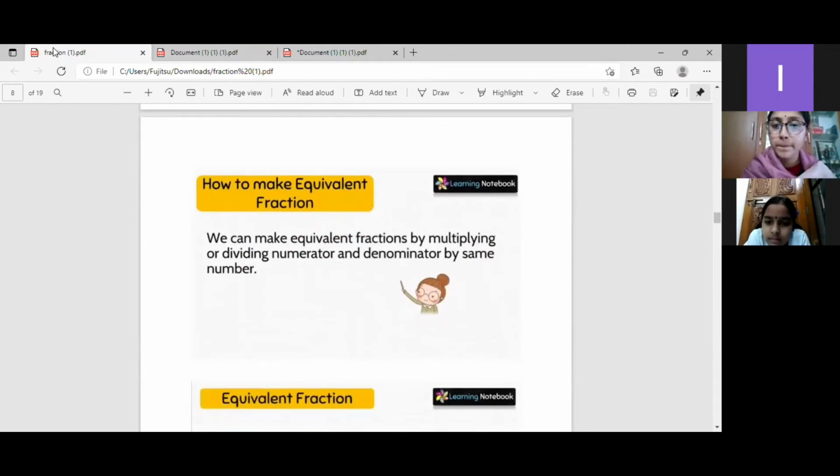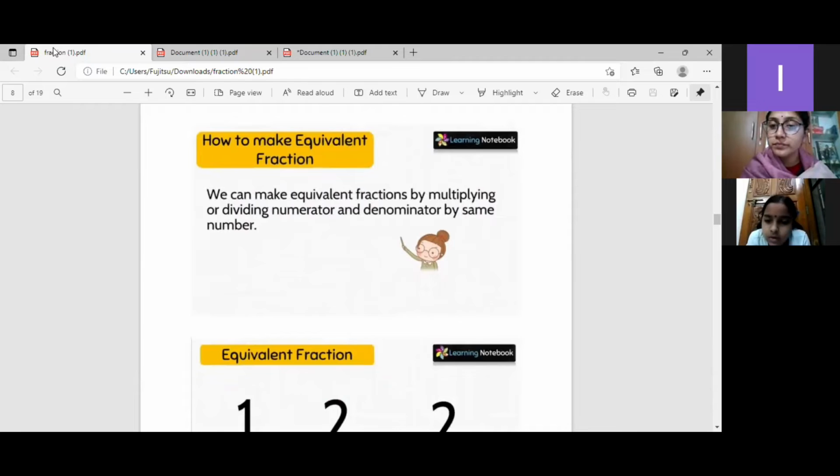So can we only multiply? Should we only multiply to get the equivalent fractions, or can we also divide? Yes. When you have larger numbers, suppose 9 by 27, if you multiply by the same number, you will get even larger numbers, and then it will be difficult for you. In that case, you have to divide with the same number.